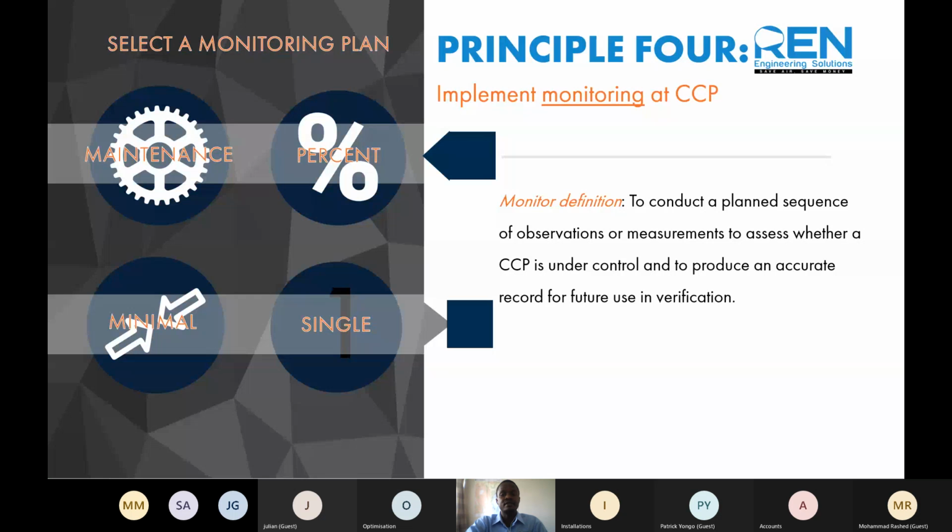Another one is to use a minimal based approach, where you take 3 or 4 measurements as close to the point of use as possible. And lastly, you could also take a single test annually. This will give an idea of where you are and is a very good first step in determining the quality of your air that is coming into contact with your products.